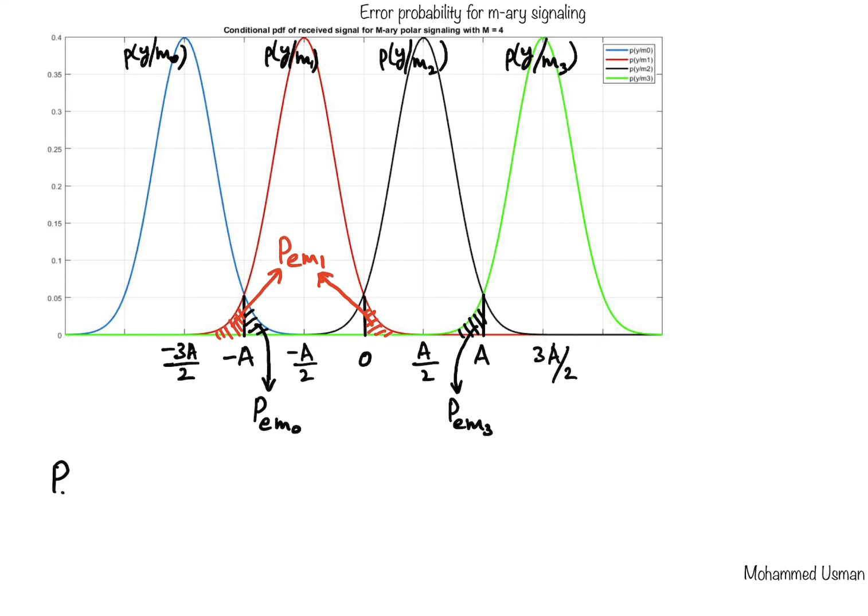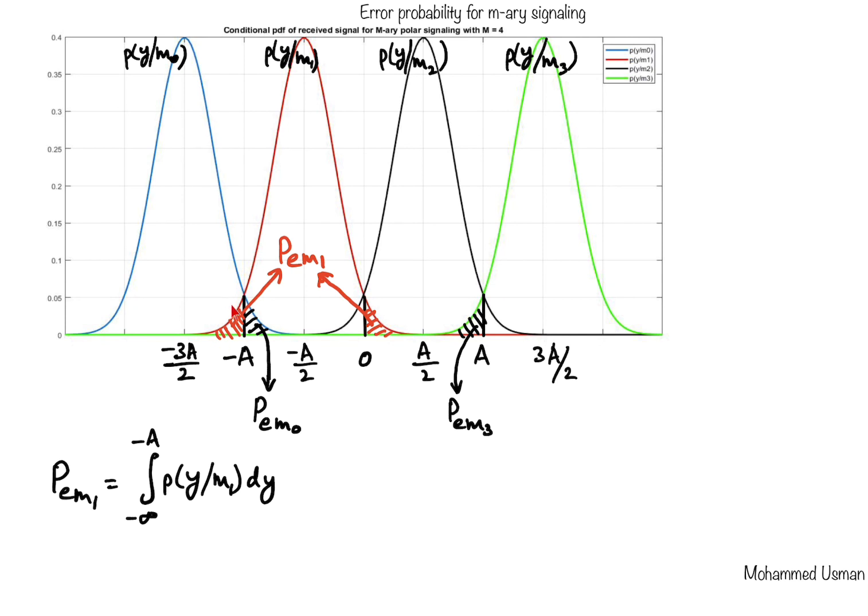mathematically. So the error probability P_E of M1, when M1 is transmitted, is equal to the area under the Gaussian PDF for M1 to the left of minus a plus the area to the right of 0. So to the left of minus a, it is from minus infinity to minus a, the area under P of y given M1 dy.